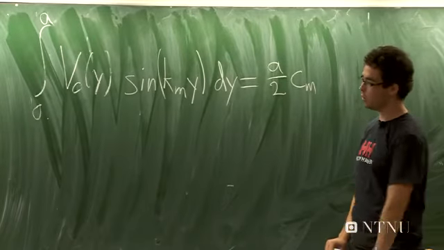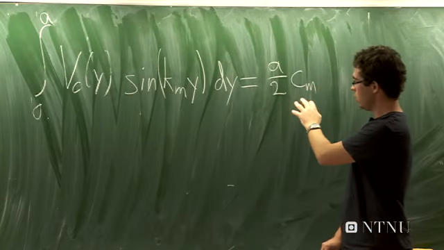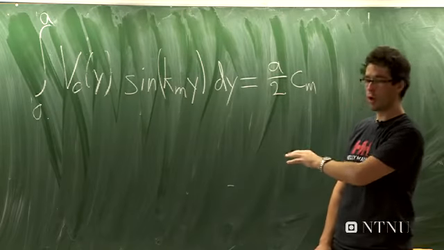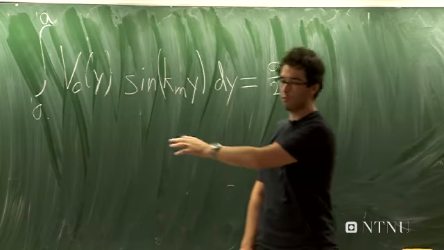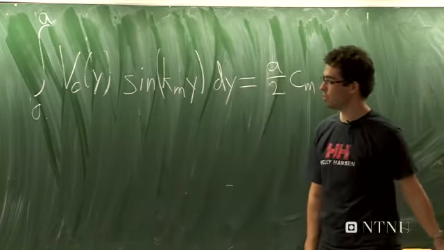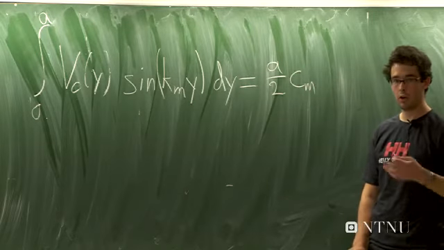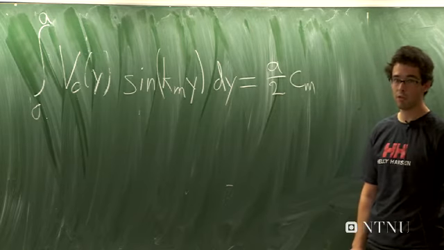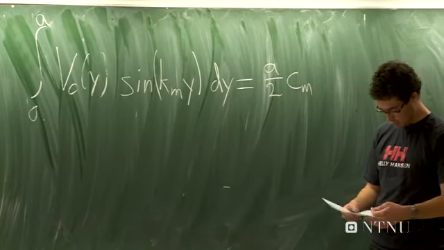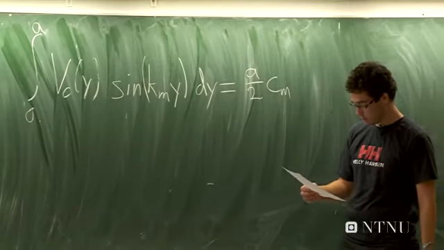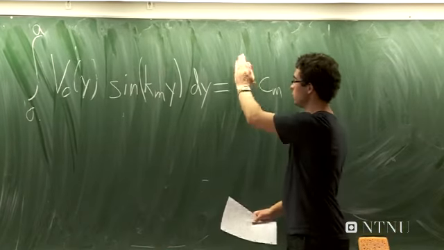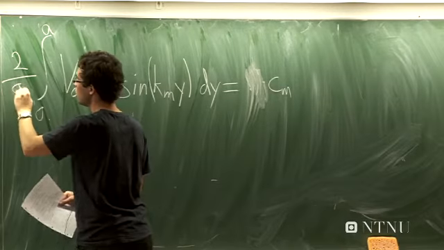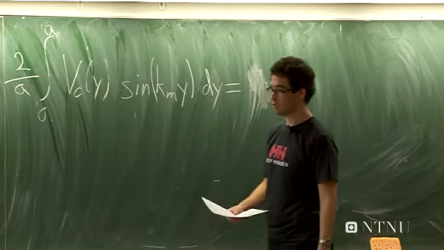So by Fourier's trick, I got an integral for each c. So all I have to do now is to solve the integral of v0 of y sine km y dy on the interval 0 to a, and I can find the expansion coefficient Cm. So of course, I'll move this over here. So now you have an explicit formula for Cm.